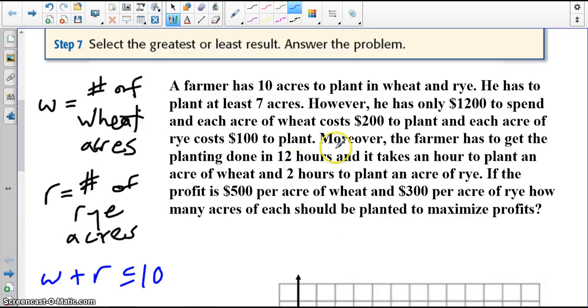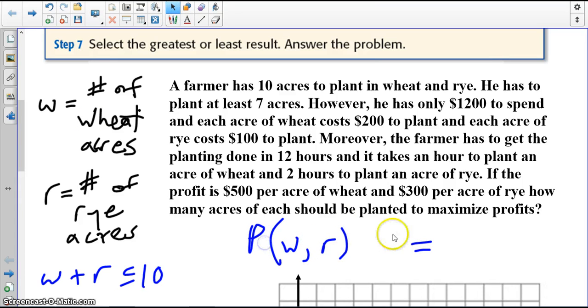And what's the profit? Well, I'm going to use P of wheat and R. So this looks not exactly like the f of xy we talked about in class, but it's the same idea. It's function notation, P for profit. The dependent variable is P for profit and it depends on the 2 independent variables, wheat and rye. And then what is the profit?